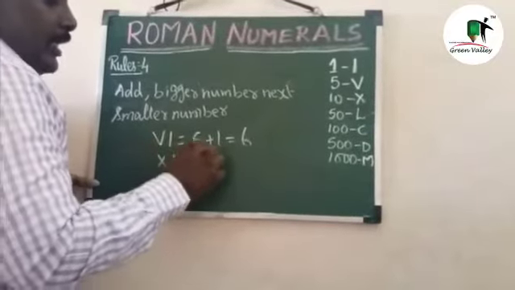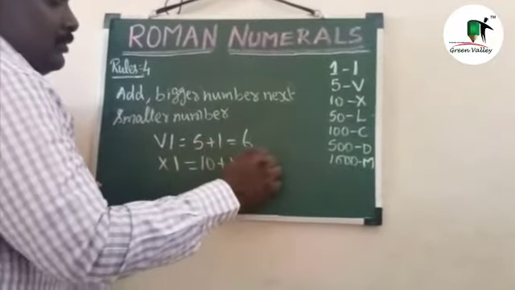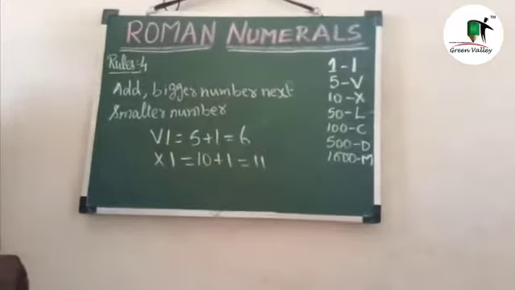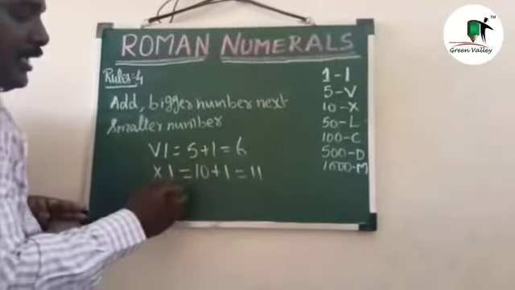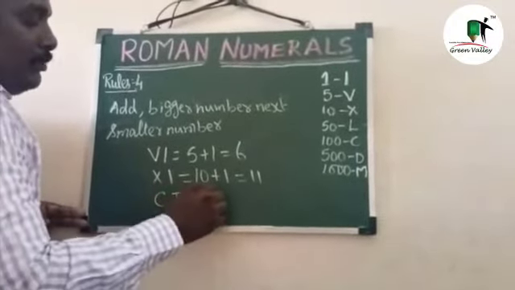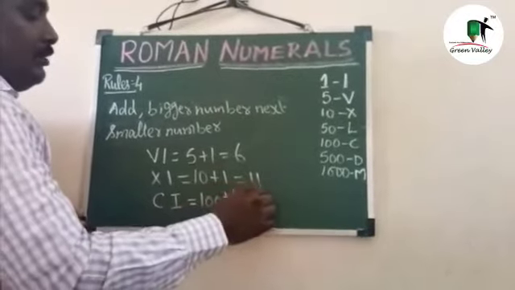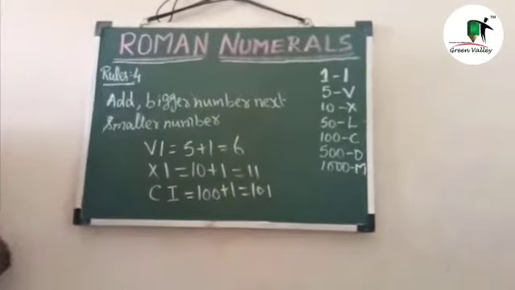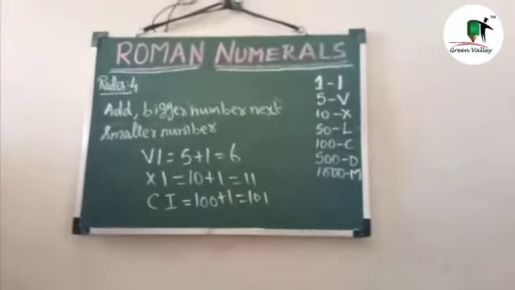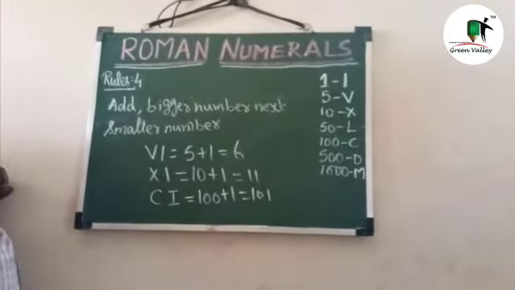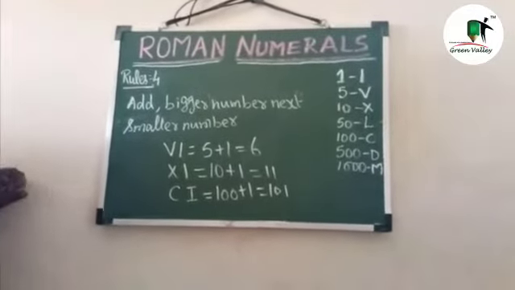X and I is 10 plus 1, 11. Like that you can go ahead. Now C and I is 100 plus 1, 101. These are the 4 rules which are necessary for us to remember to do problems on Roman numerals.